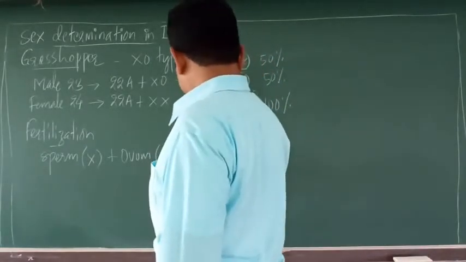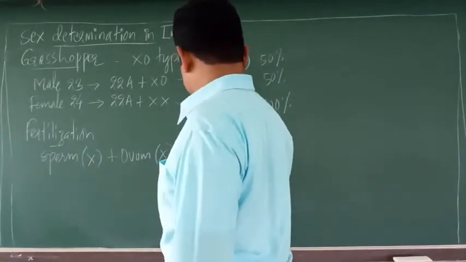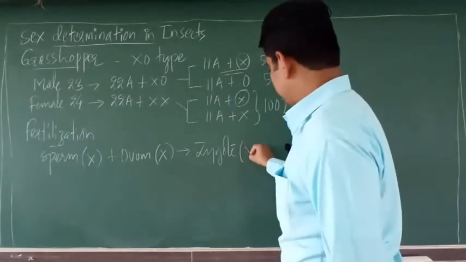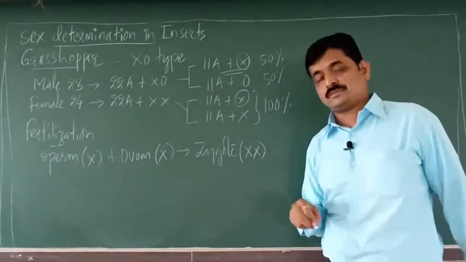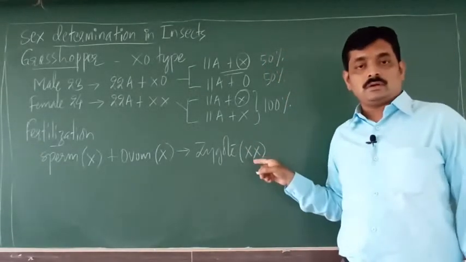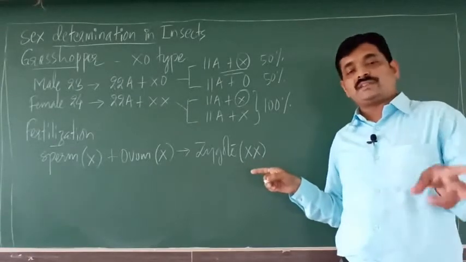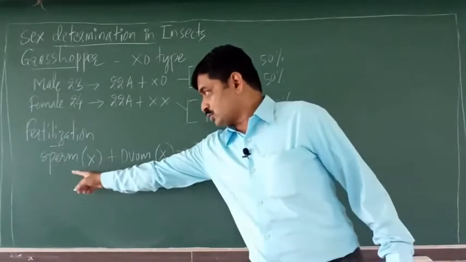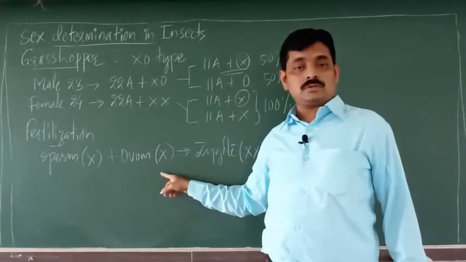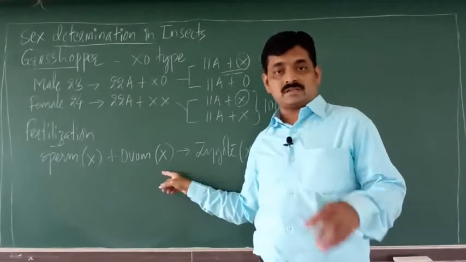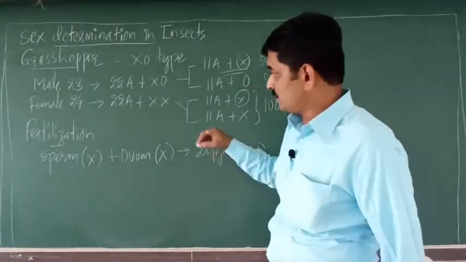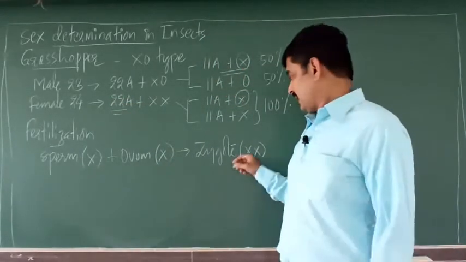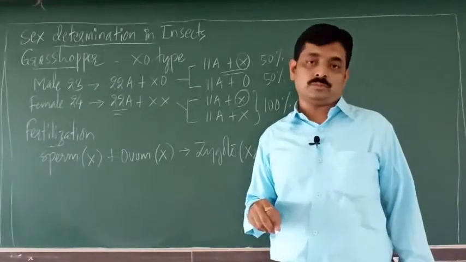A zygote is obtained which is having a pair of X chromosomes, along with autosomes. How many autosomes here? 11 autosomes from the sperm, 11 autosomes from the ovum. So 11 plus 11, that is how much? 22 autosomes. And here there are a pair of X chromosomes.